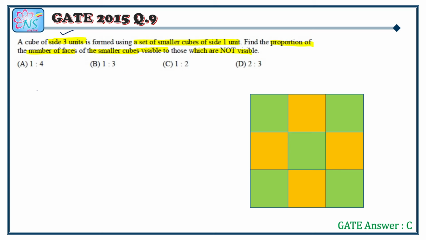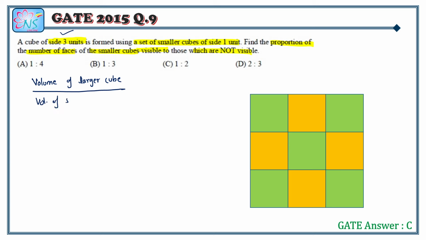You can do this in two ways: first by using the formula, or another by just imagining how many cubes are required. If we do this by using the formula, then we have to divide the volume of the larger cube with the volume of one smaller cube.